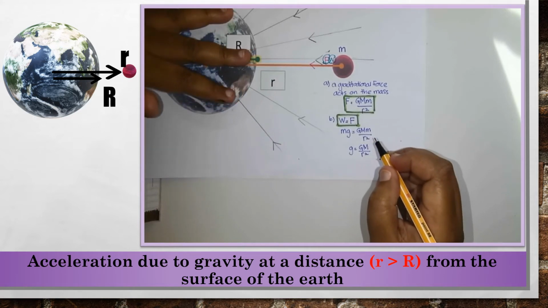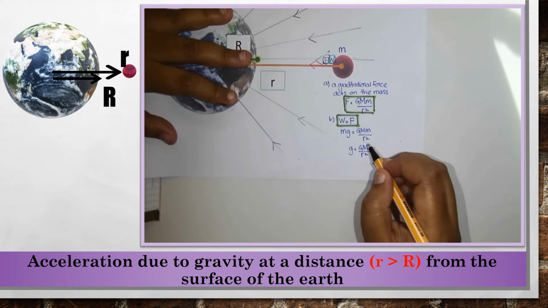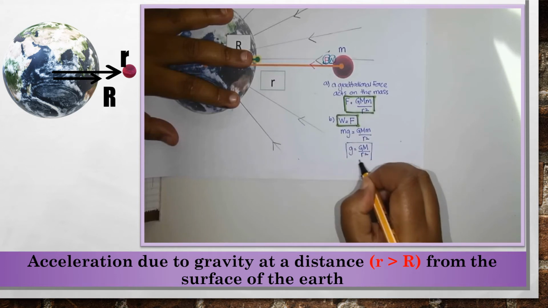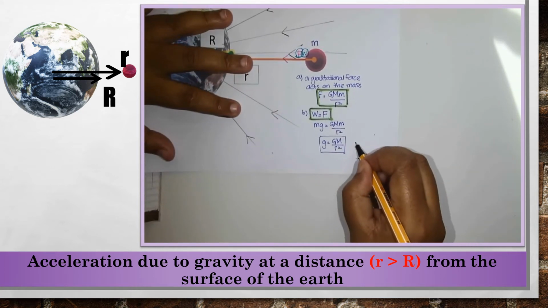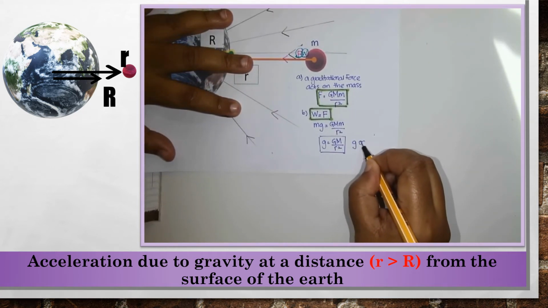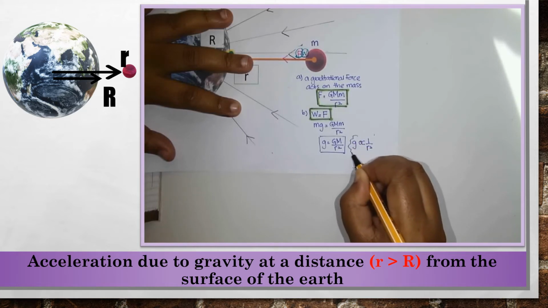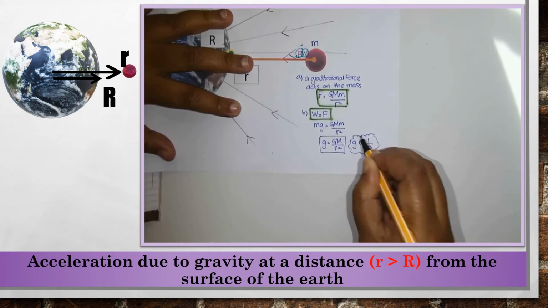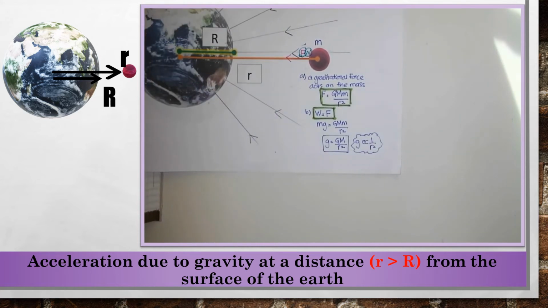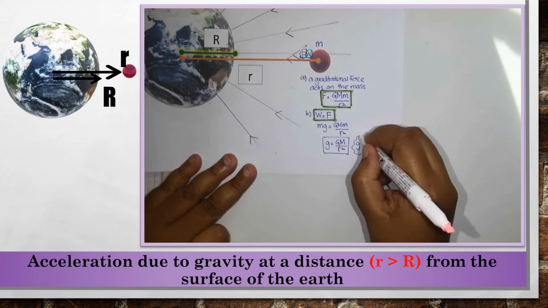So here we realize that g is inversely proportional to R squared. Later when I teach about this, we will look at the concept here.